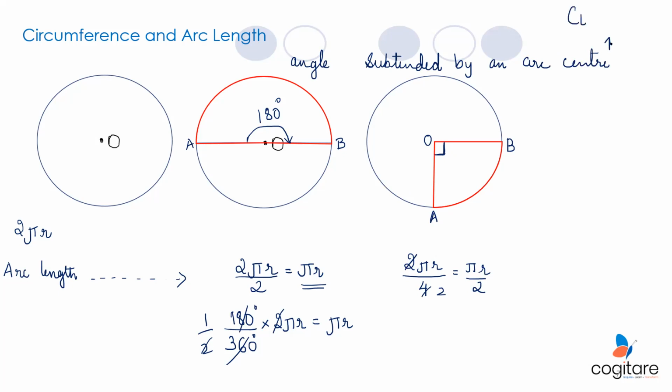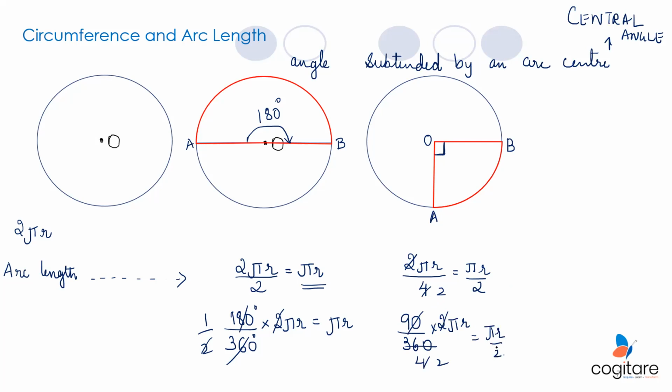This is called the central angle. Apologies for writing it in different places. But for a quadrant, the central angle is 90 degrees. So it's 90 by 360 into 2 pi r. It's a slice of the entire circumference. So here you get 1 by 4, or you cancel this, you get 1 by 2. So it's pi r by 2.